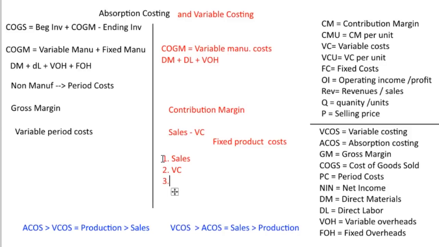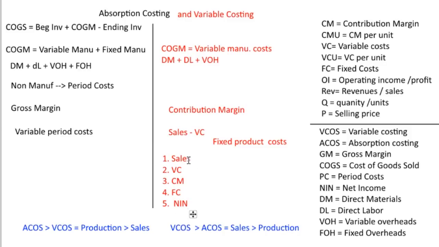Your third step is then your contribution margin. Your fourth step is then your fixed costs. And then the fifth step gives you your net income.